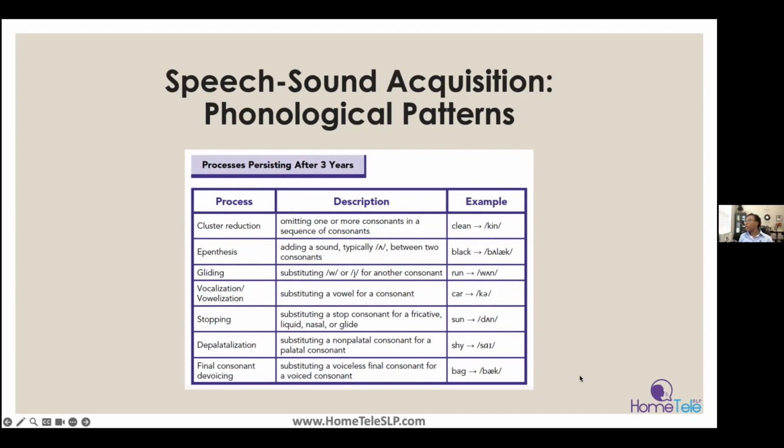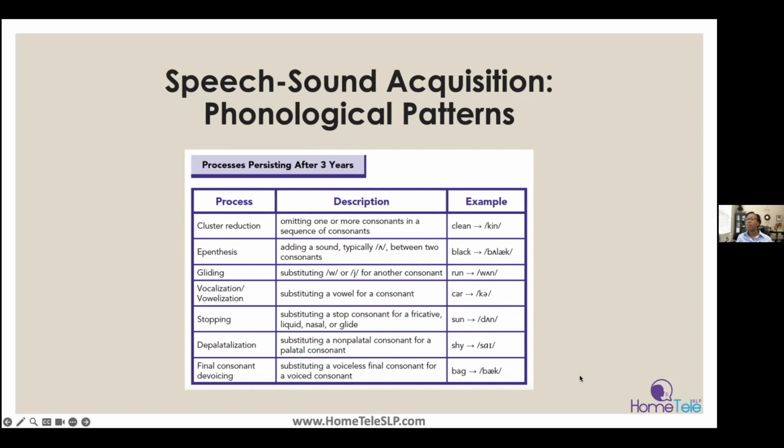So for example, this is a chart that shows the processes that your child may still be working on, and they may still have when they're producing sounds. These errors may still be happening. Cluster reduction, for example, is when a child will omit or delete or drop off one or more consonants in a sequence of consonants.